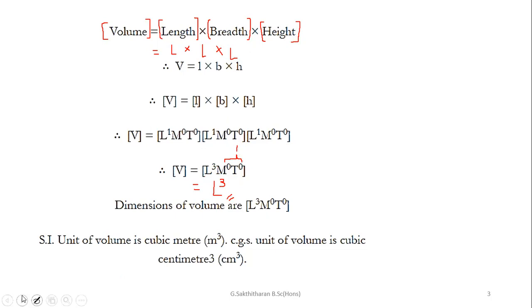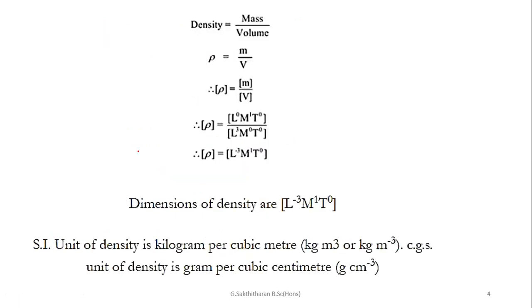Right. Other example. Density. Density is equal to mass over volume. So dimension of density, we can write like this, putting the square bracket. Dimension of the density equals dimension of the mass over dimension of the volume.